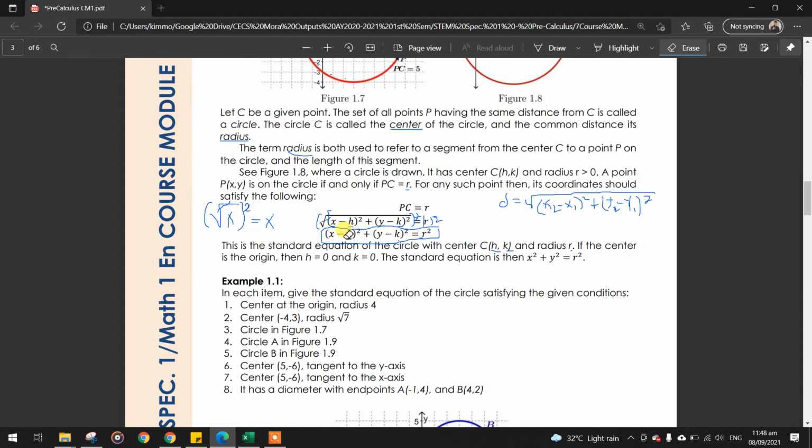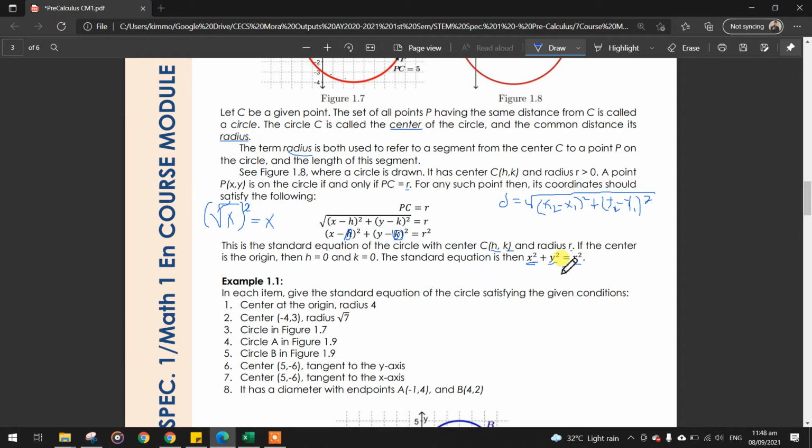Let me erase first. So h and k are equal to 0. x minus 0 is still equal to x, and x squared is equal to x squared. So that's why we have x squared here. Plus y minus 0 is equal to y, squared, then that is equal to y squared, is equal to r squared.